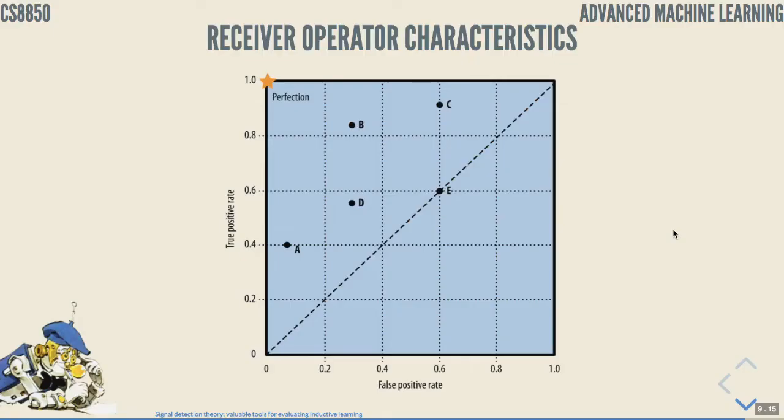Basically, in order to assess the accuracy of radar detection, back in the 1940s, during the Second World War, the engineers came up with this representation known as receiver operator characteristics, or for short we usually call it an ROC curve.